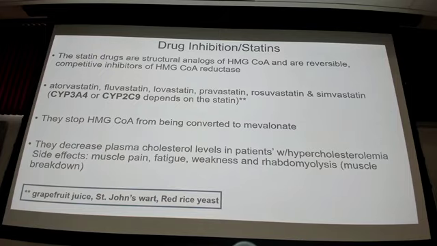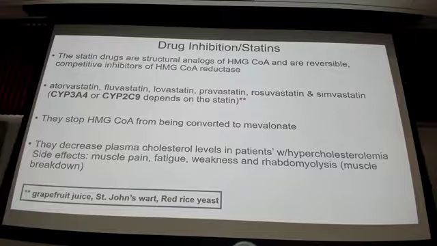So we talked about how statin drugs were competitive inhibitors, meaning they're structurally similar to HMG-CoA, and these drugs end with the suffix statin, and they are metabolized by cytochrome P450 3A4 or 2C9. What's also metabolized by 2C9?